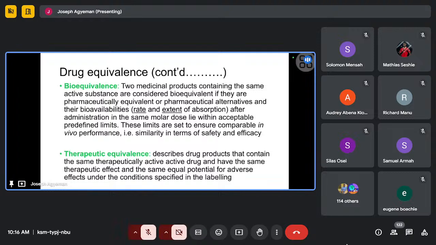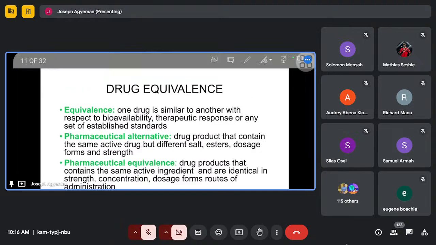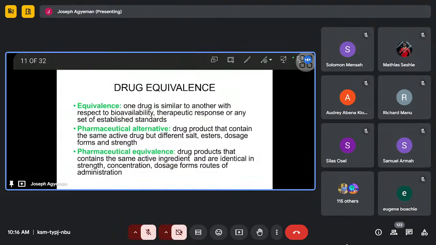So what is bioequivalent? Two medicinal products, again, containing the same active principles, are considered bioequivalent if they are pharmaceutically equivalent. So remember pharmaceutical equivalent: same drug, same strength, same dosage form.